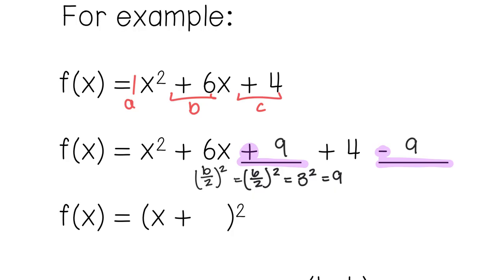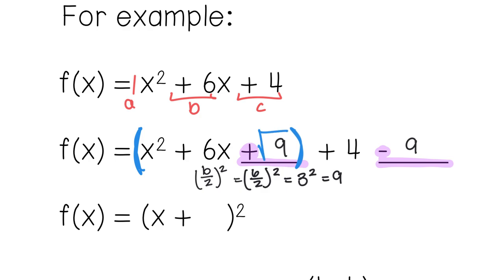Now I have to go ahead and factor. What can I factor? What am I going to do next? Please pay attention to this part. Like completing the square, I have to factor this. How can I factor this? I'm going to square root my last number, which is my 9.